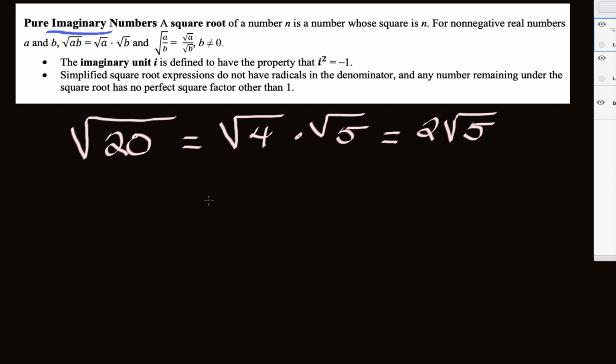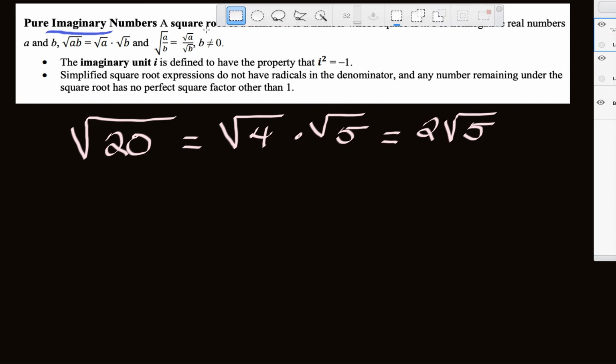But here's what happens. What if I have a negative in the square root? Now I can't have a negative square root. Well, they have fixed it by creating this term, i.